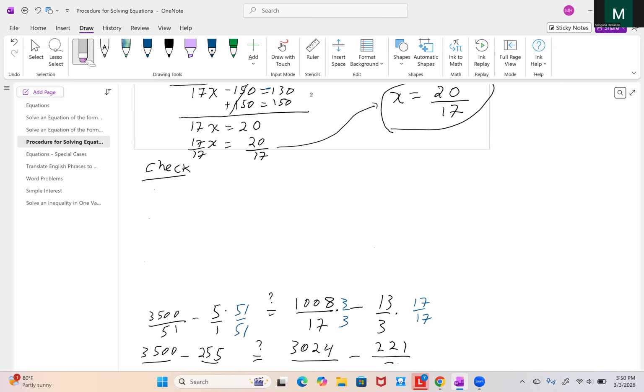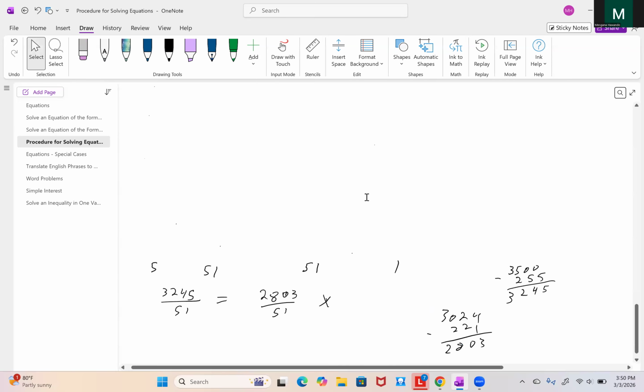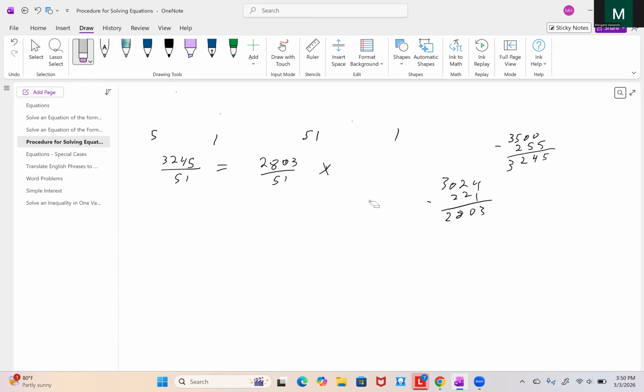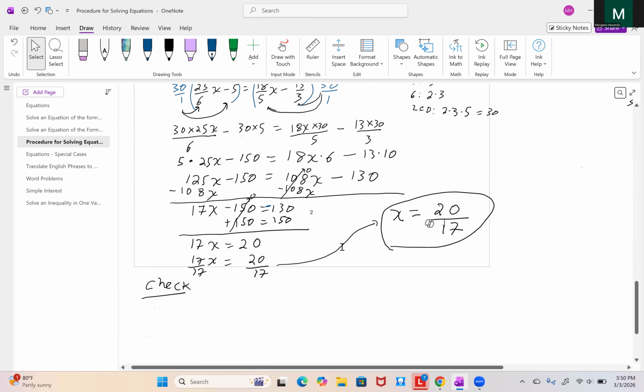The simple examples we've been doing so far were just to illustrate the concept of how to solve a problem. So now let's check. We're going to use the same space to check.